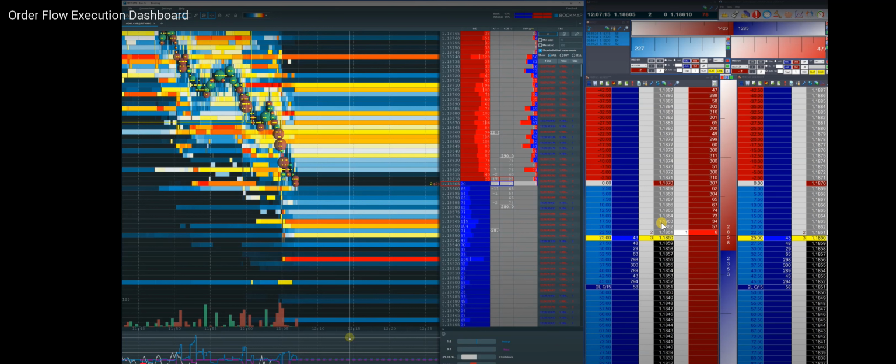But of course, if you think about it, this is not really market orders on their own. This is market orders which have consumed limit orders. Otherwise, they wouldn't have printed. They wouldn't have been executed.